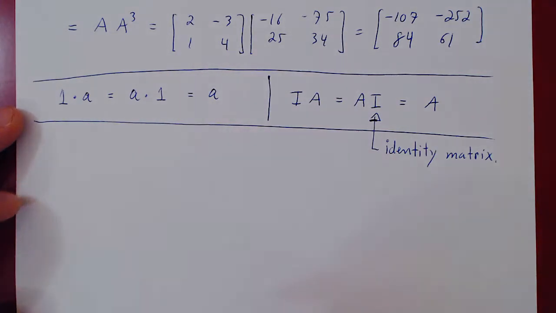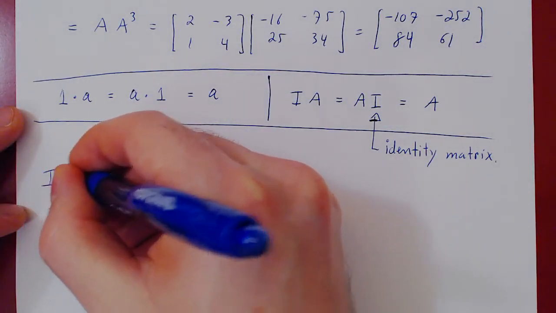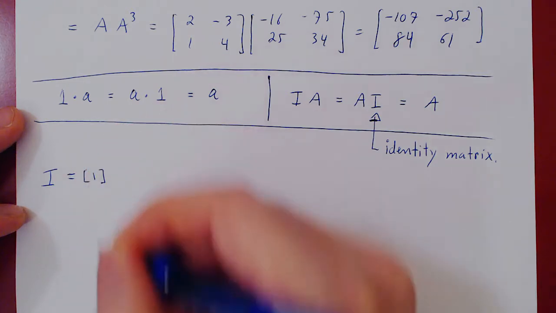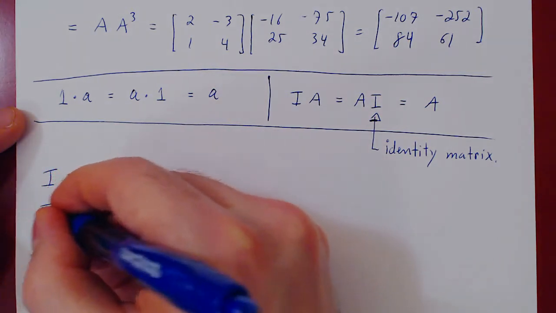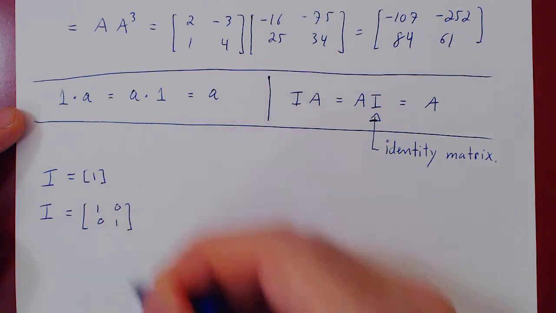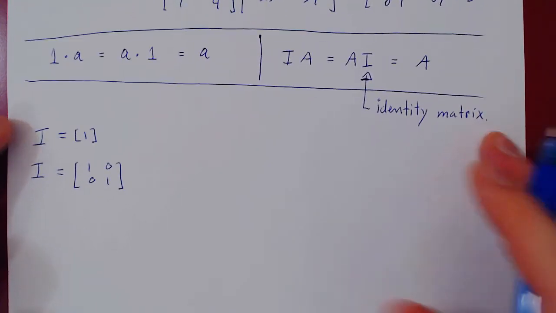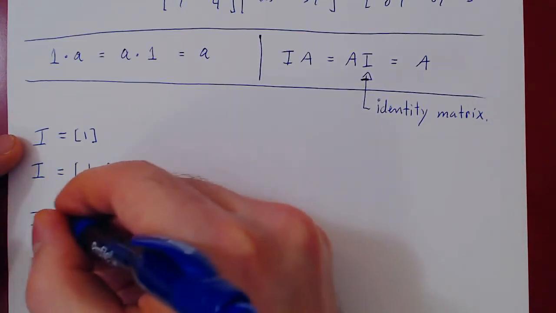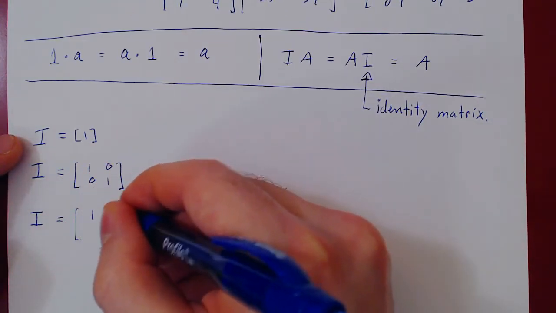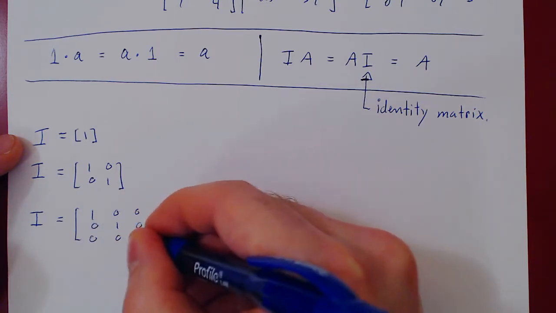So you may ask, well, what if we have a 1 by 1 matrix? I would simply be the 1 by 1 matrix 1. If A was 2 by 2, I would be the matrix 1, 0, 0, 1. If A would be 3 by 3, I would be a 3 by 3 matrix 1, 0, 0, 0, 1, 0, 0, 0, 1.